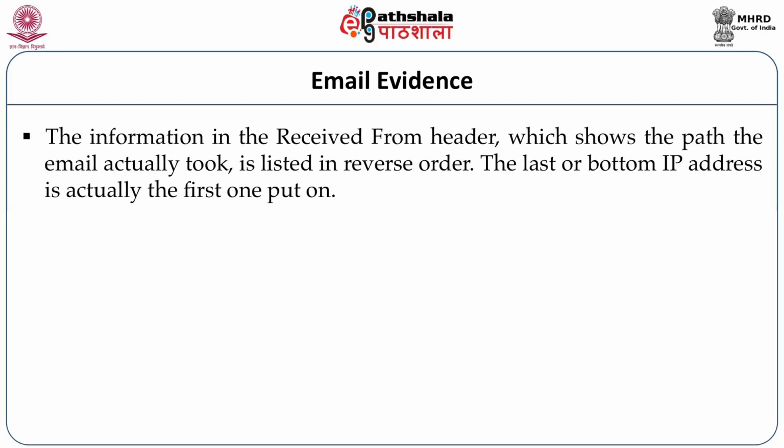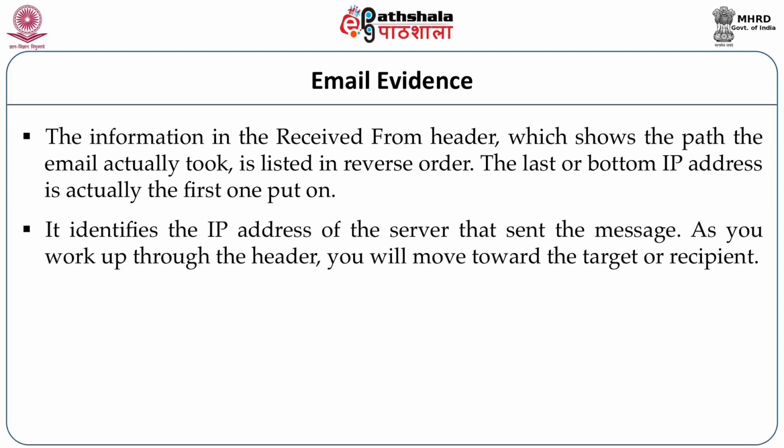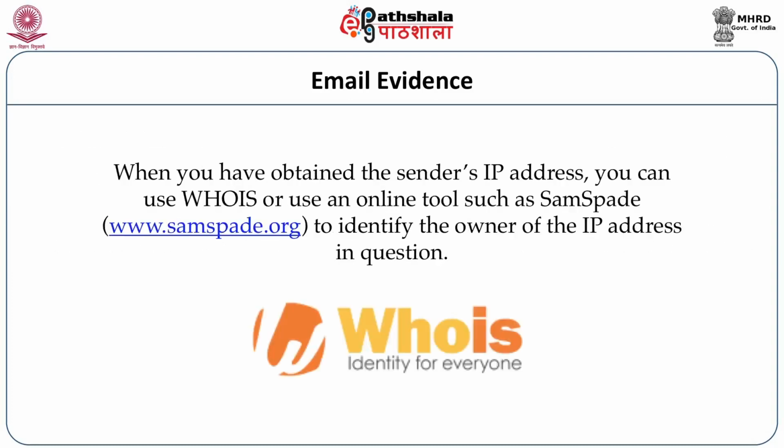The last or bottom IP address is actually the first one that was put on, so this identifies the IP address of the server that sent the message. Then move toward the target or recipient. Once the sender's IP address has been obtained, use the Whois database to identify the owner of the IP address.